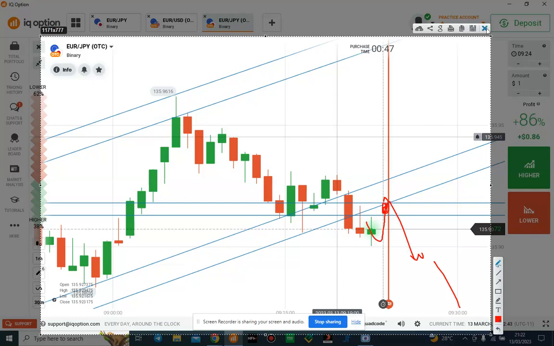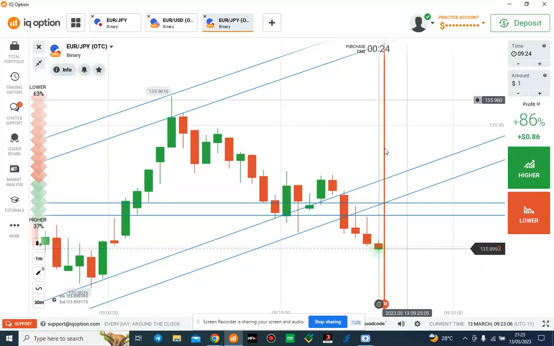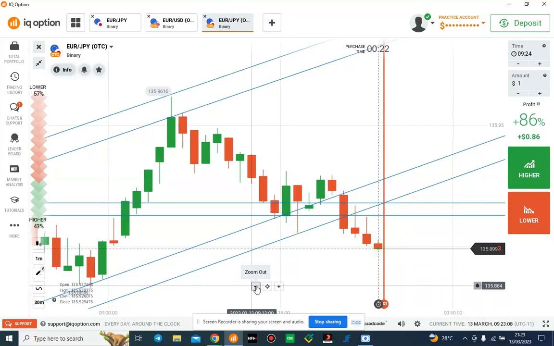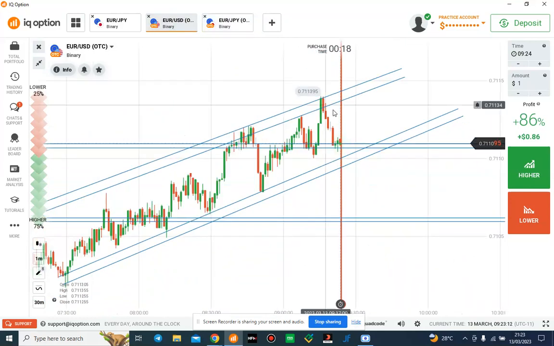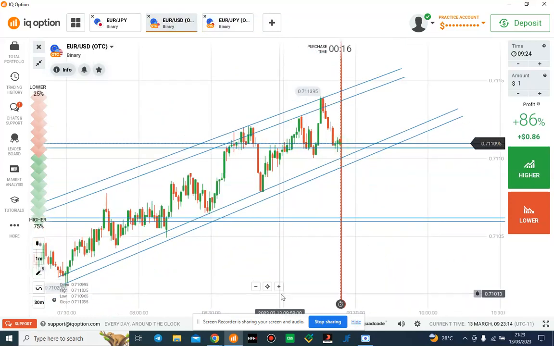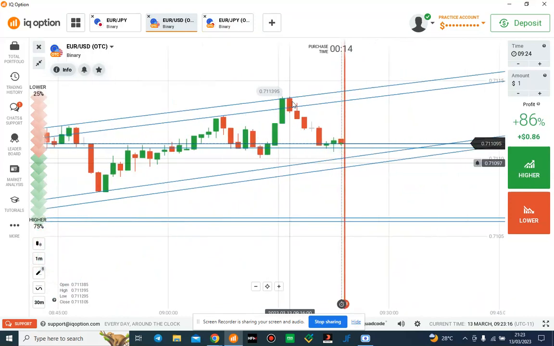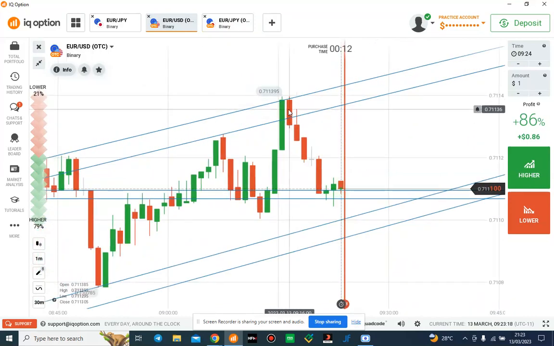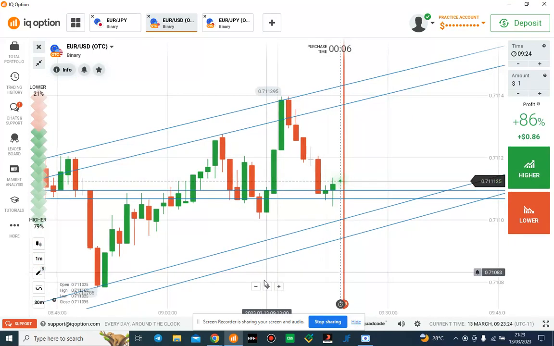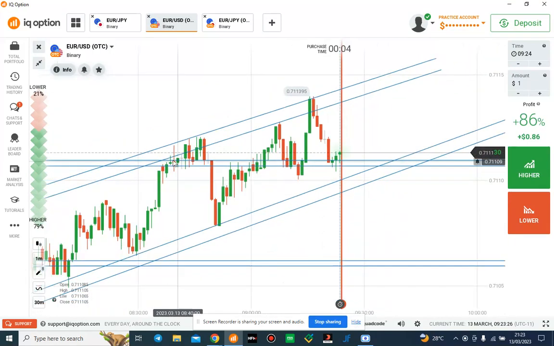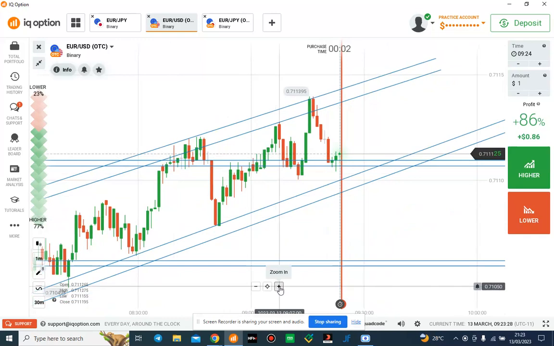Okay, but it seems the market is still going down. So that is how you trade support and resistance trend line. You can see after the market reversed from the resistance trend line, it stopped at this horizontal support, okay, which I have drawn on the left side here.